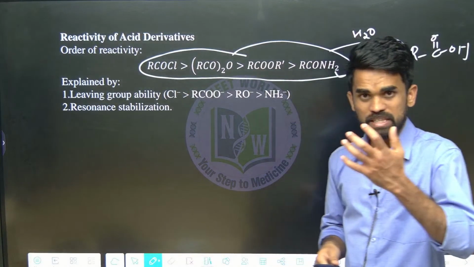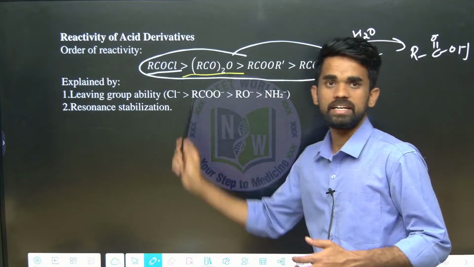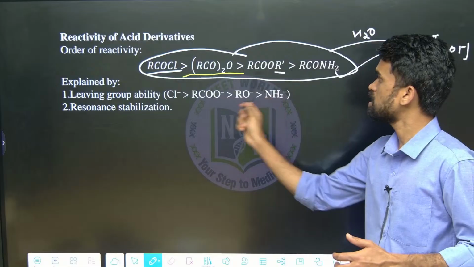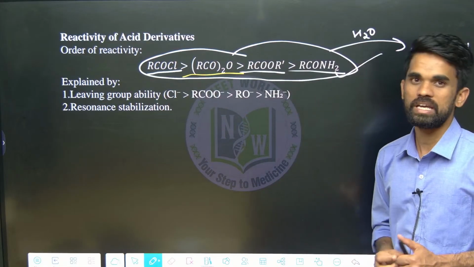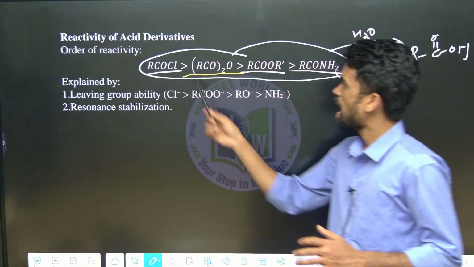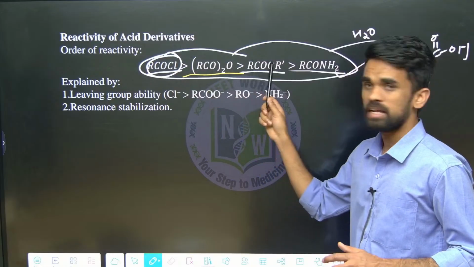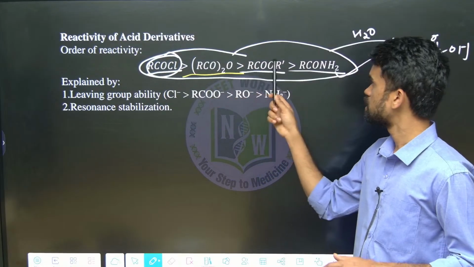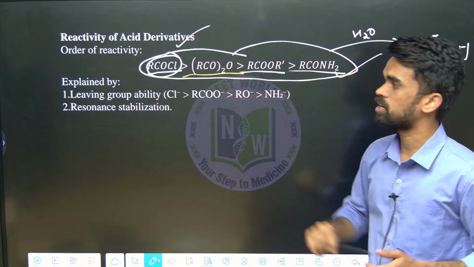Within the acid derivatives, acid chloride is there, acid anhydride is there, ester is given, amide is given. Out of these, which is more reactive, they are asking. See, acid halides are more reactive, then acid anhydrides, the next esters, and the least reactive are amides. This is the order of reactivity.